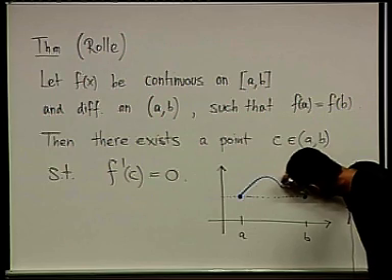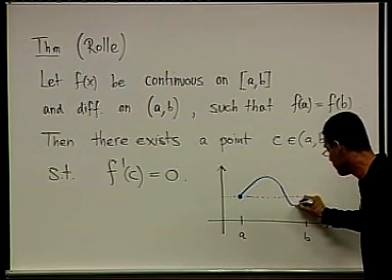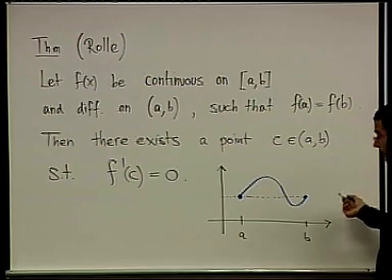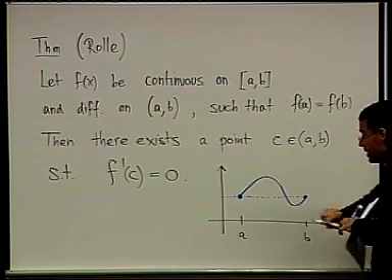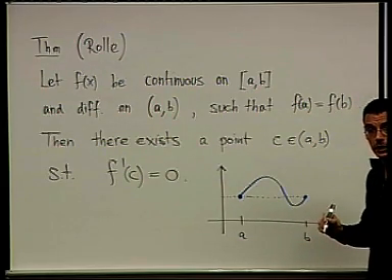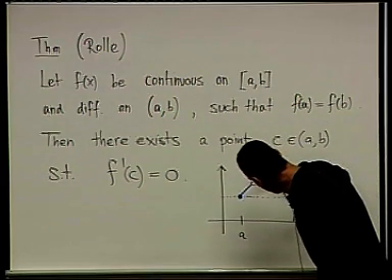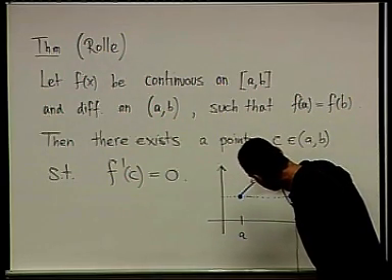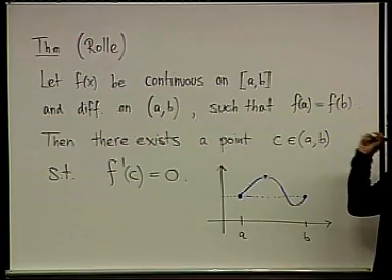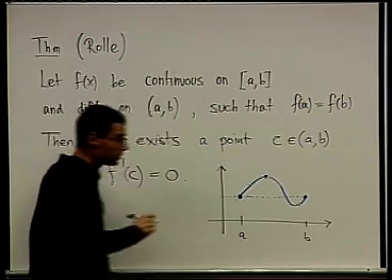Maybe it will do it more than once. Maybe it will go here down and then come back up again. It can do it 15 times. We don't know. But it's going to have, for example, a maximum point. Do you see that? And what do we know about the maximum point? By Fermat's theorem on the previous board, what do we know about this maximum point?